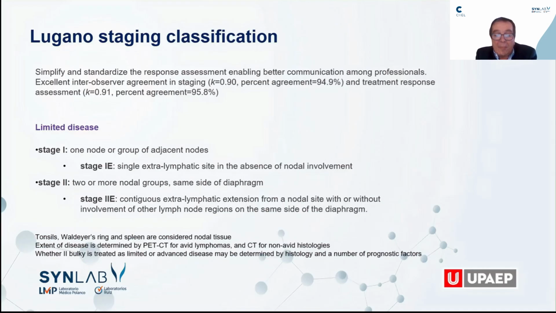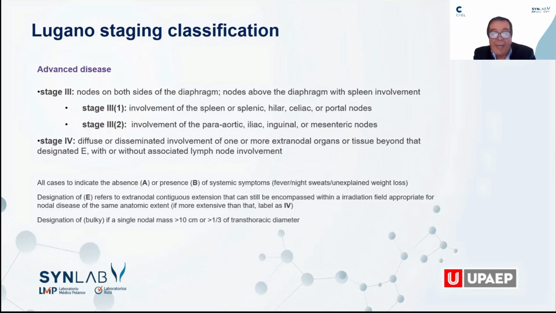The Lugano system defines limited disease as stage 1 and 2, and advanced disease as stage 3 or 4. In all stages, we have to define the presence or absence of symptoms, or the presence of contiguous extranodal disease that can be included in the same field of irradiation without changing the stage.